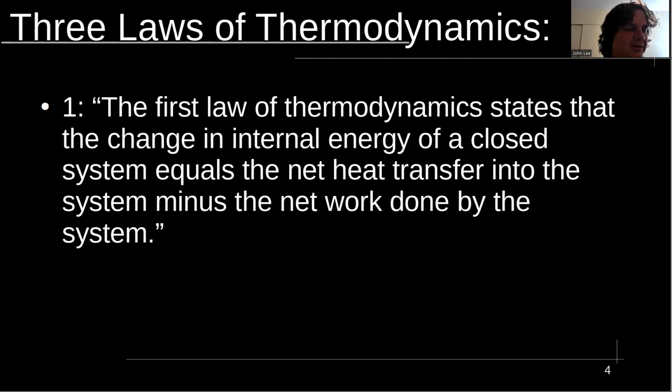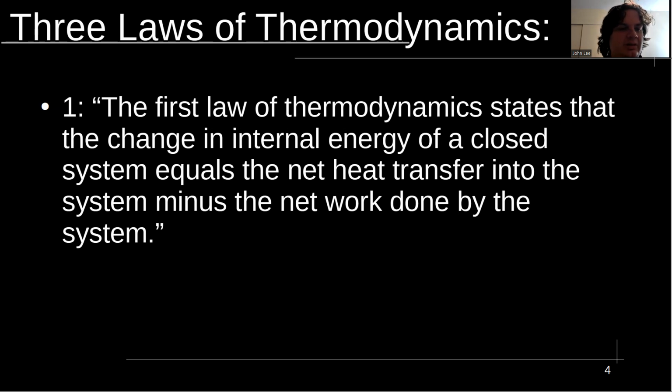So energy, which is the total internal energy, so the total thermal energy, kinetic energy, and potential energy, all of the types of energy added together, can only be changed if the system does work or if there's heat transferred into the system. So if there's heat transferred out of the system, then it loses energy. And if it does work, it loses energy.